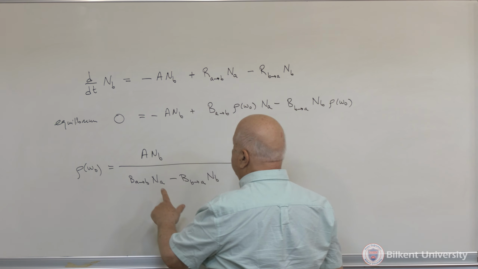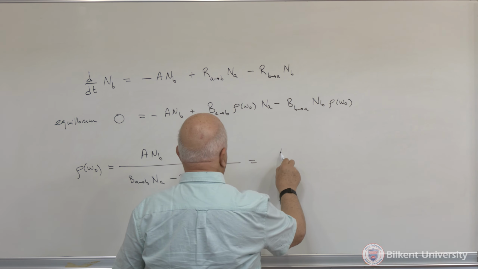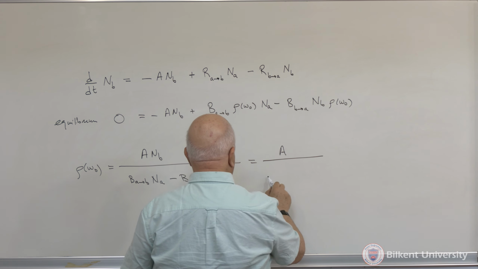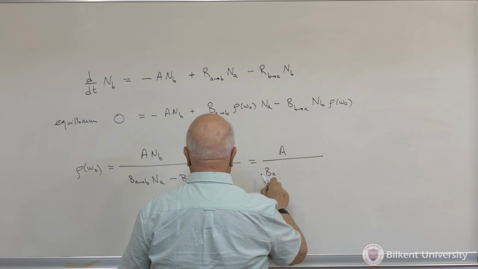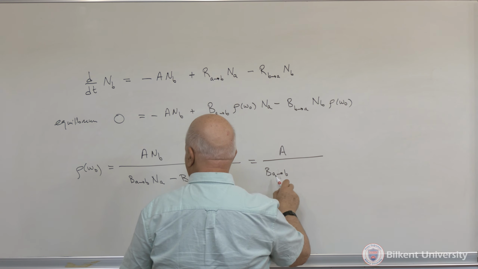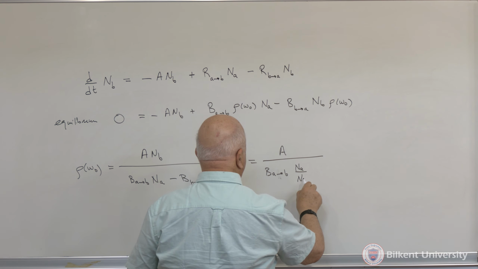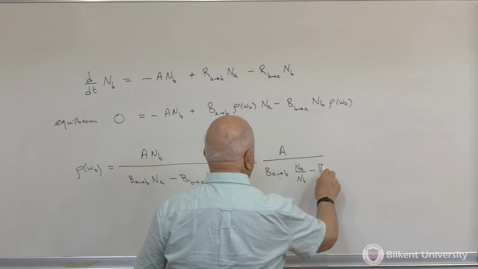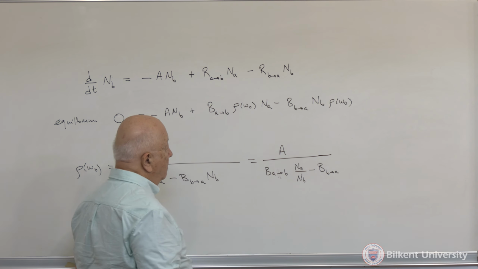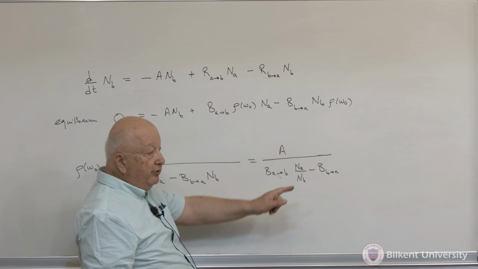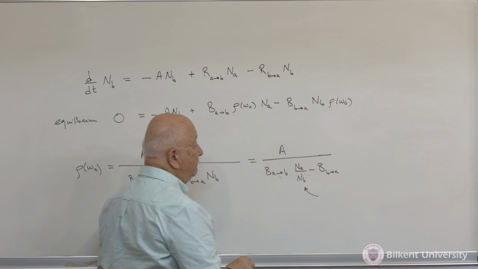It could also be measured experimentally at the time of Einstein. Then you divide these things by NB, and you are going to get A divided by B A to B, and A over NB minus B to A. But this is some factor which we can easily get from statistical physics.